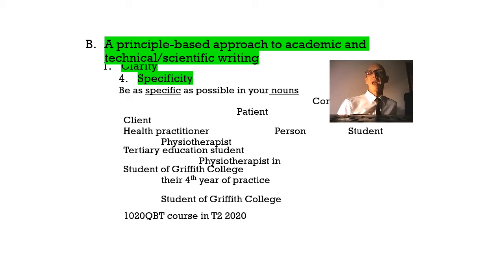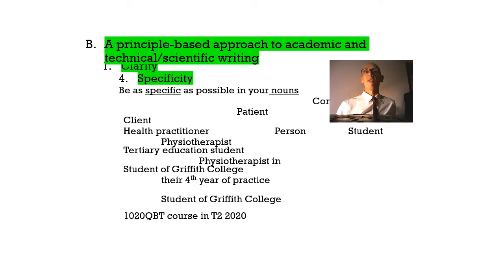Let's have a look at health aspects. Someone who pays for or receives a health service is a patient. That's right. A person who delivers that service is a health practitioner, correct? And you could have, for example, a physiotherapist.